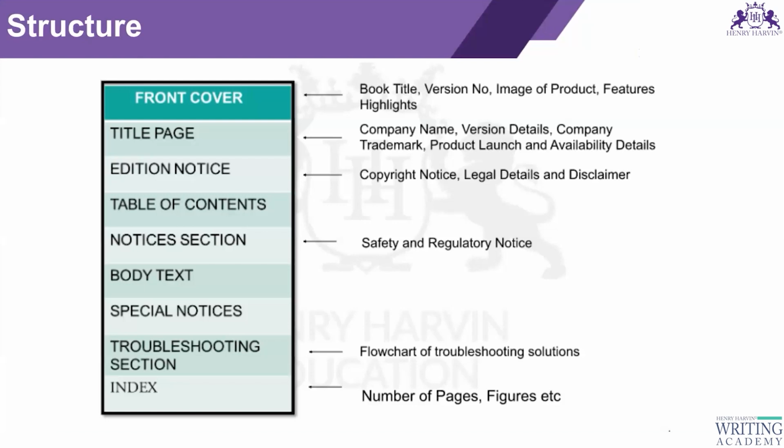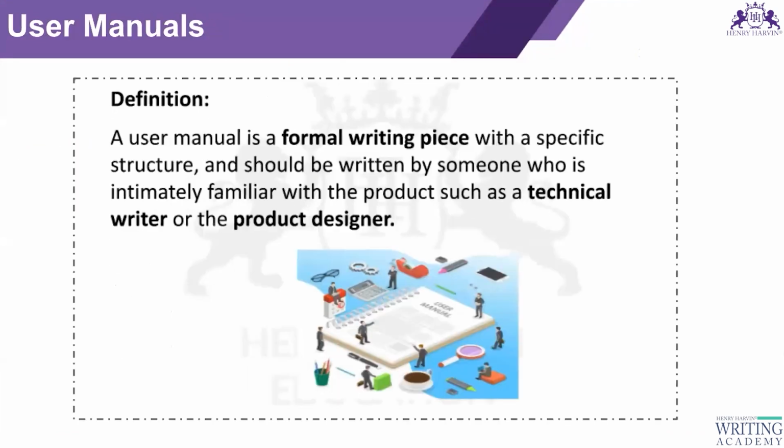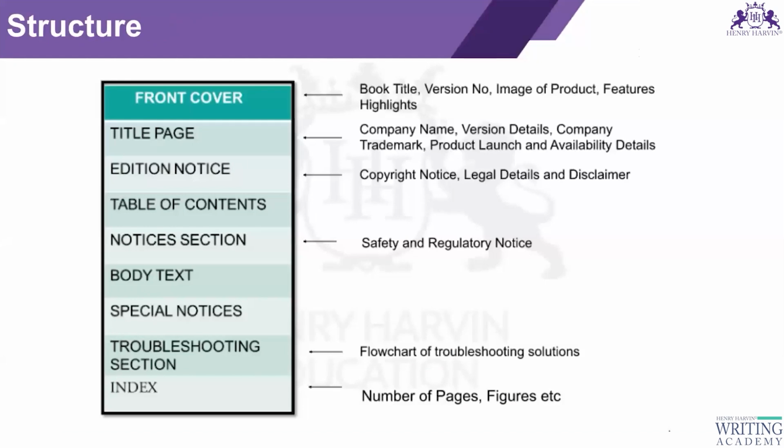Also, some of the instruction manuals have a QR code. You scan the QR code and are taken to the designated page for that particular model to see how to get started, how to use it and all that. Okay, so that's about it.